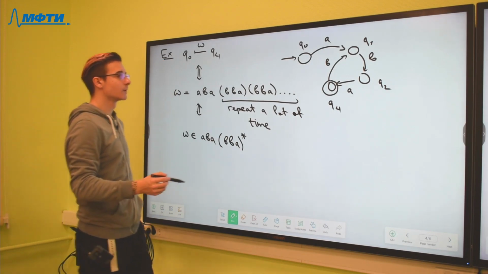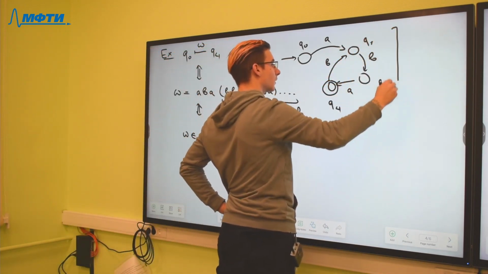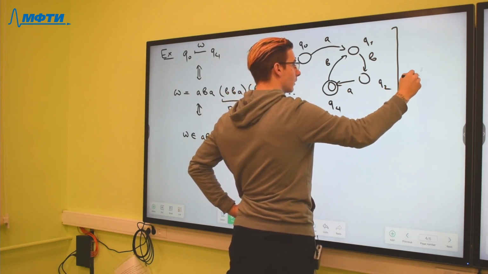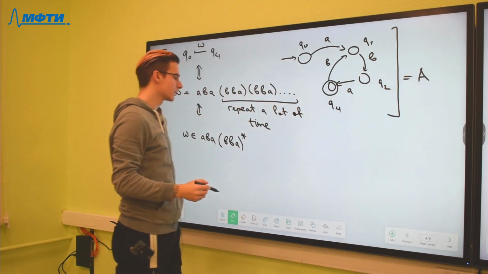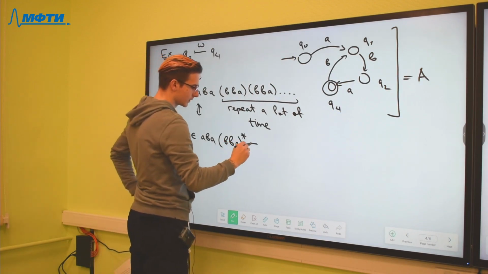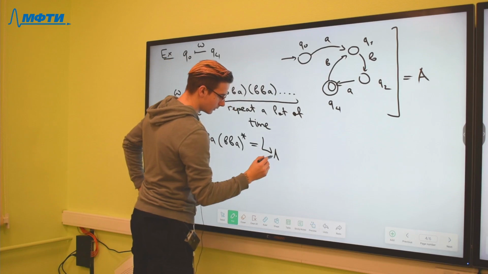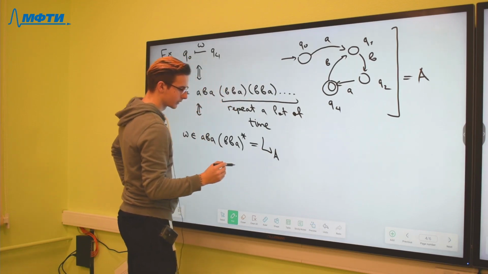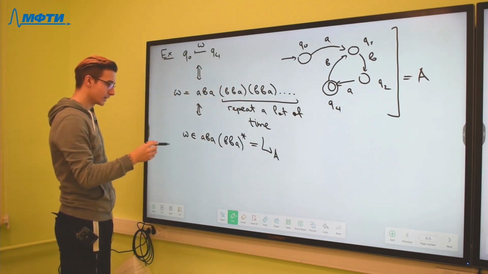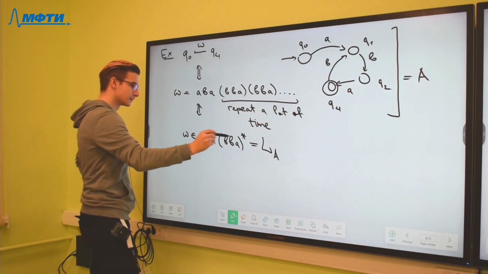So this automaton has this language. And it is a regular language, of course.